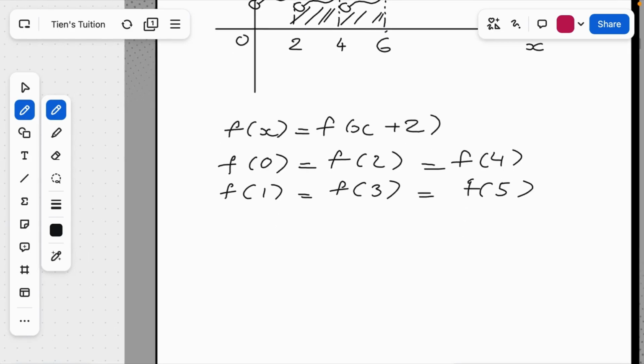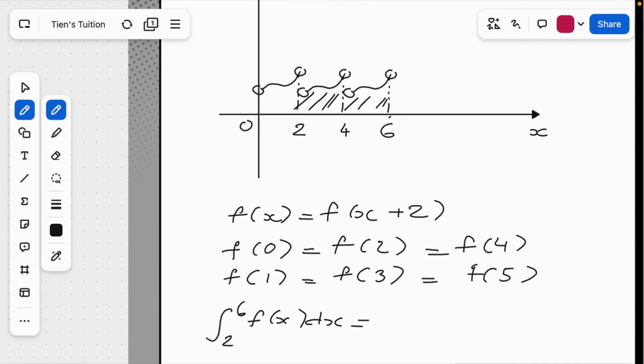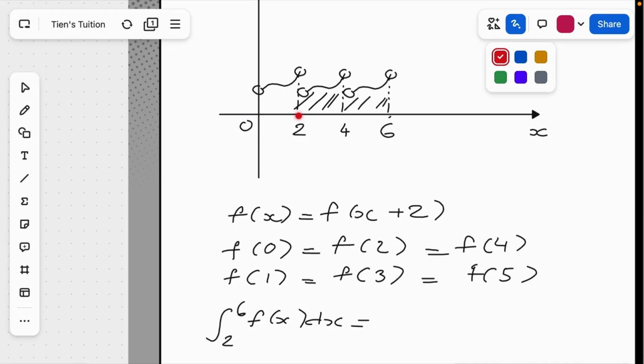Now the definite integral from 2 to 6 of f of x dx will be the area under the curve between 2 to 6 here, and as we can see, the area between 2 to 6 is actually twice the area from 0 to 2.